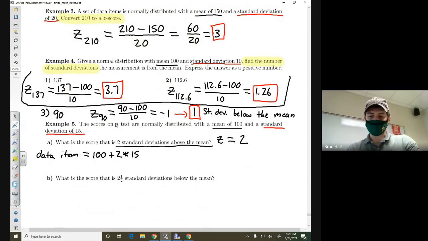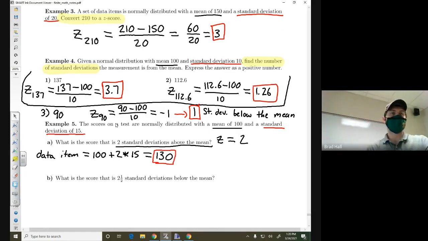In any case, it's a very quick formula. 2 times 15 is 30, 100 plus 30 is 130. So this would be the value that corresponds to a z-score of positive 2. And a z-score of positive 2 corresponds to 2 standard deviations above the mean. That's how this sequence of association works.